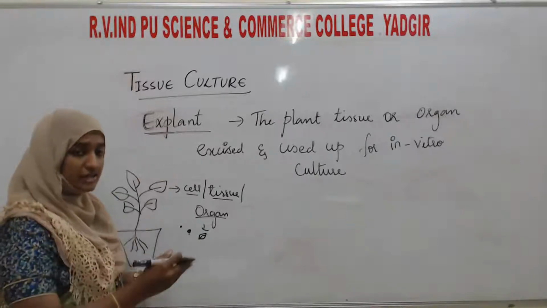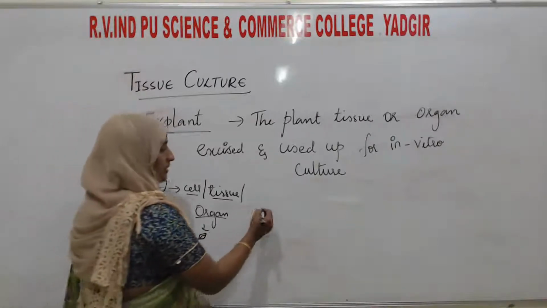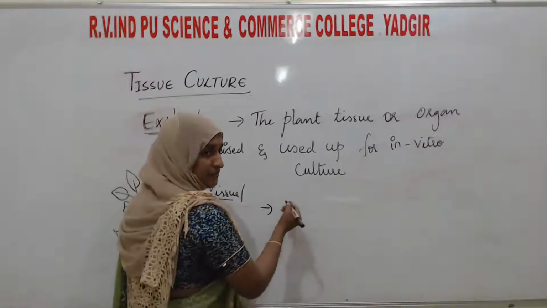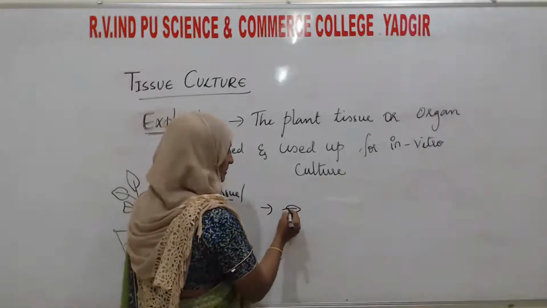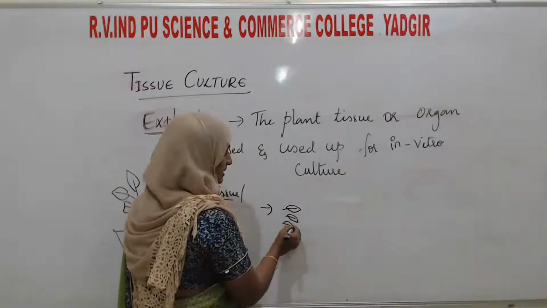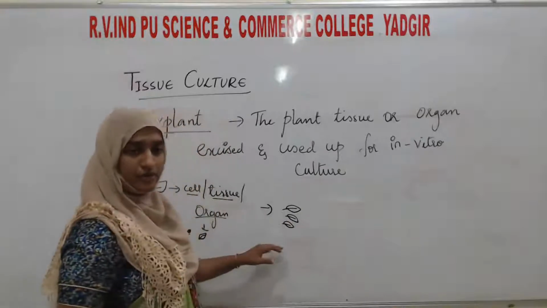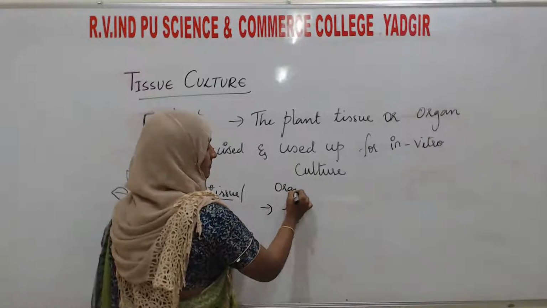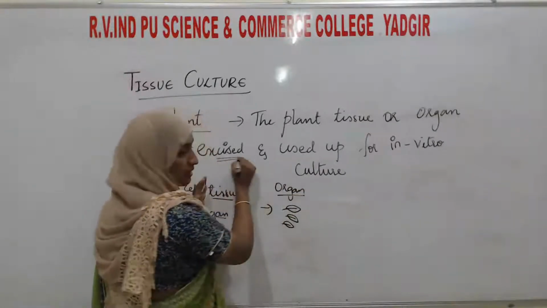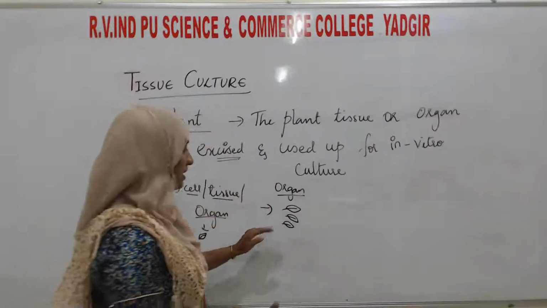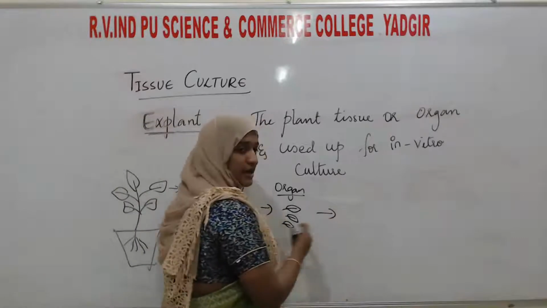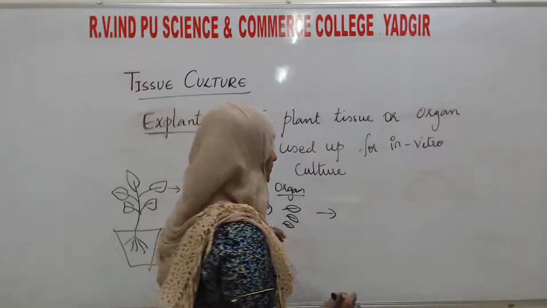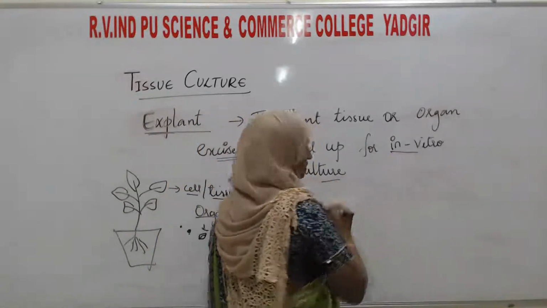They are going to cut it from the plant. For example, they are taking an organ, and you consider that organ here as the leaf. This is the organ which is excised from the plant body, and they are going to use it for in vitro culture.